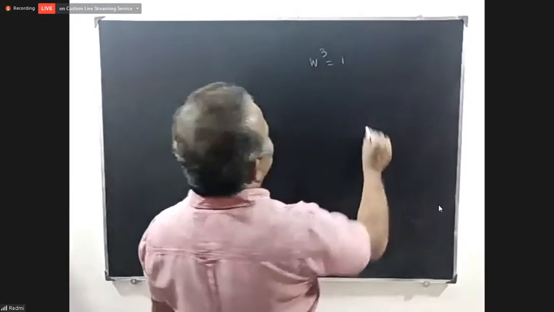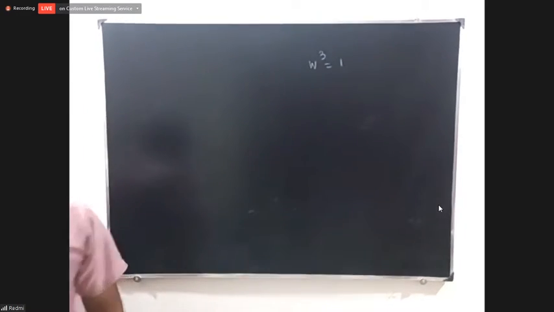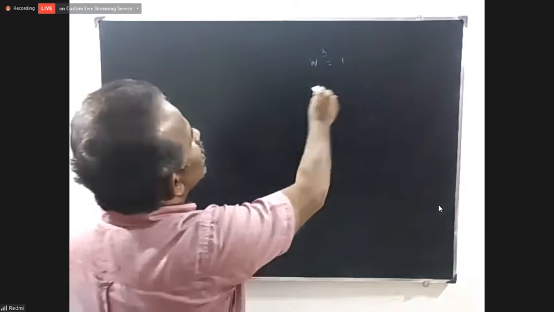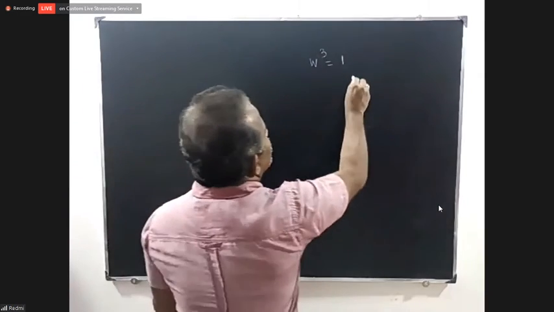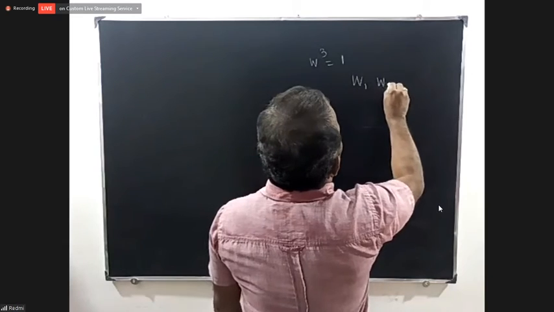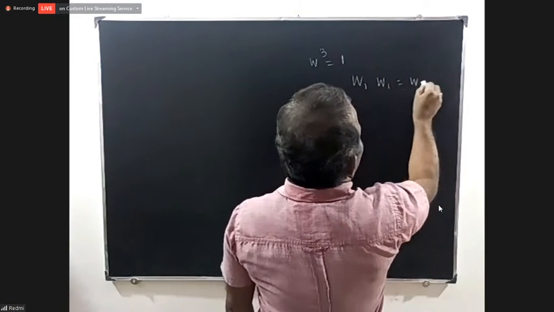For example, I am telling you, W1 into W1 is equal to W2, like a multiplication table, you can see that.